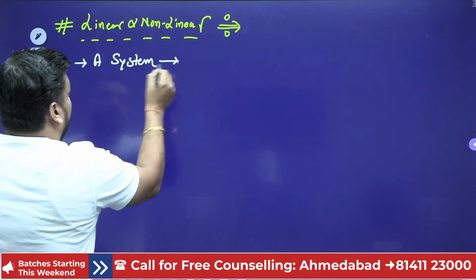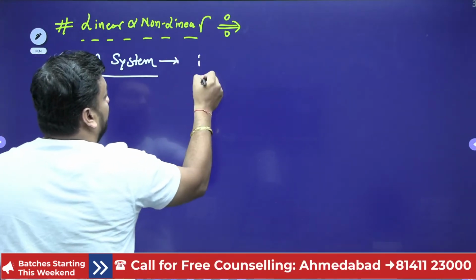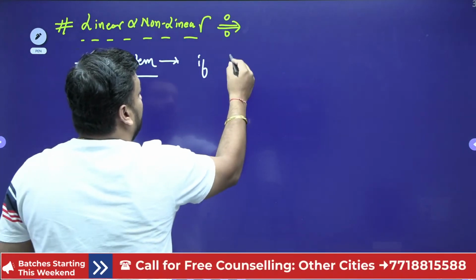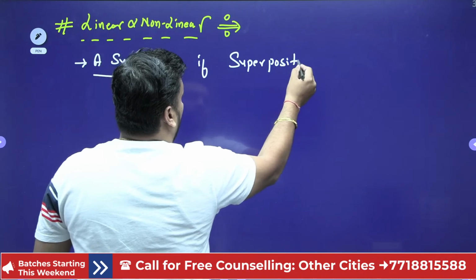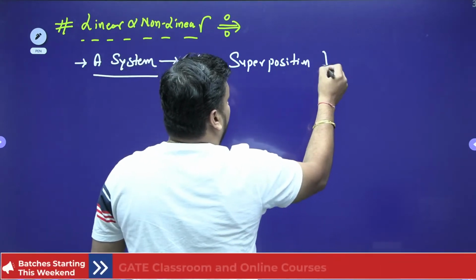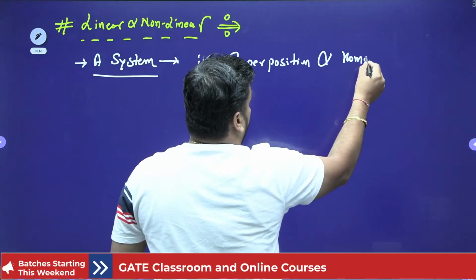You can write: a system is said to be linear if it satisfies the superposition as well as the homogeneous property.